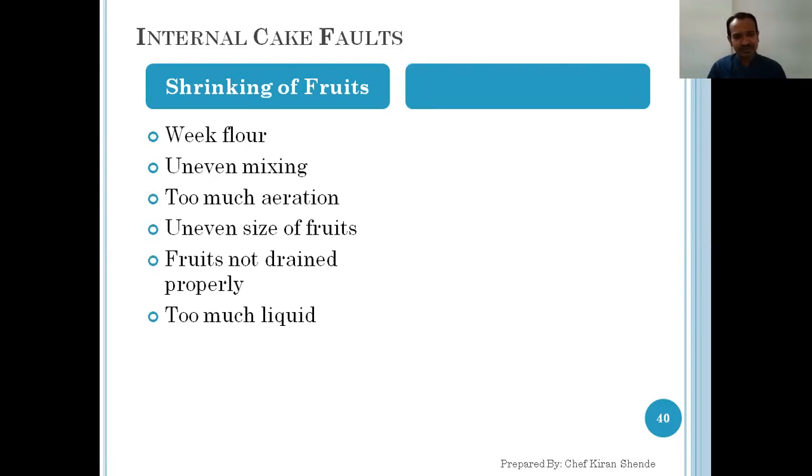Too much of liquid will result in sinking of the fruits. But more importantly, whenever you make any kind of plum cakes or fruit cakes, make sure the soaked fruits are dusted with flour, and then only it is used in the cake, so that will avoid the sinking of fruits.